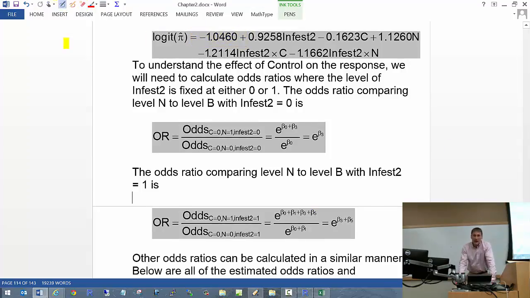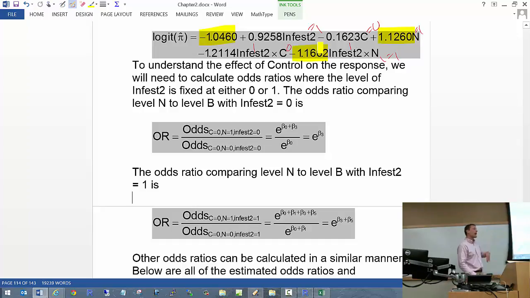Well, now to find the odds in my numerator, notice I have infest2 is equal to 1, C is equal to 0, N is equal to 1, infest2 is a 1, C is a 0. So look what I'm left with, the beta 0, the beta 3, and then the beta 5.